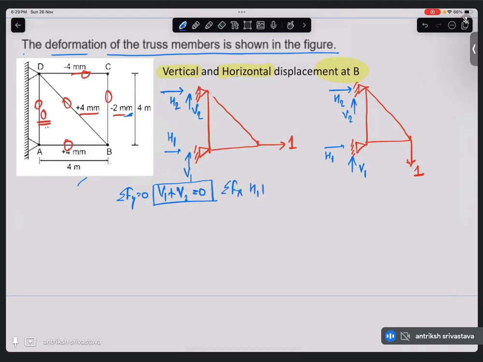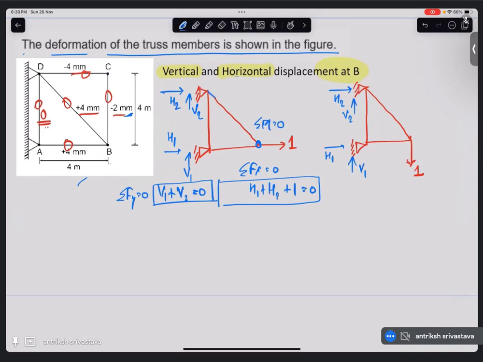Here H1 plus H2 plus 1 is equal to 0, from summation Fx equals 0. Now let's take a moment also at a point. Let's say at point B only, we take the moment equal to 0.